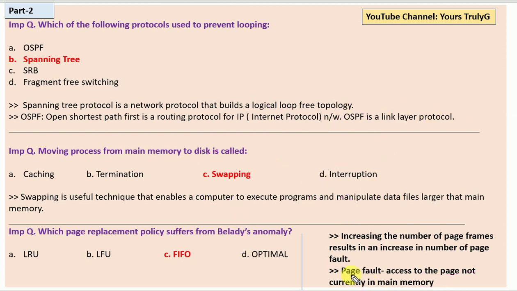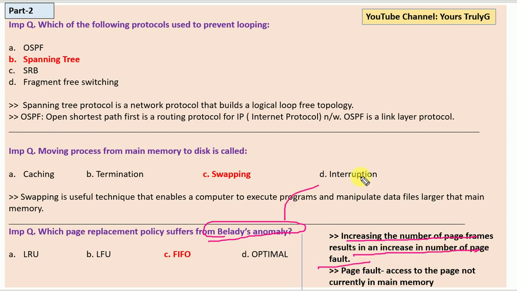Many a time page fault has been asked in many competitive examinations. What is a page fault? I think it is pretty much clear to you guys. If you are trying to access any page and that page is not currently available in the main memory, this is your page fault. So again, I am telling you what Belady's anomaly is: if you increase the number of page frames, it results in an increase in the number of page faults.